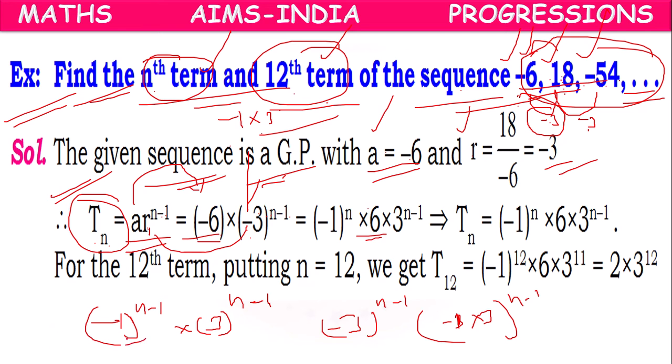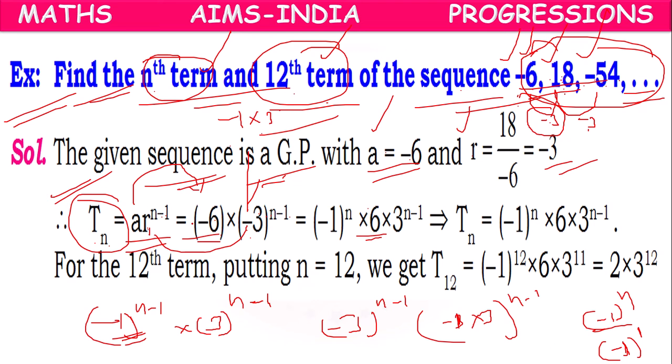Again, minus 1 whole power n minus 1 can be written as minus 1 to the power of n divided by minus 1 to the power of 1, which is equal to minus 1. And here we have minus 6.